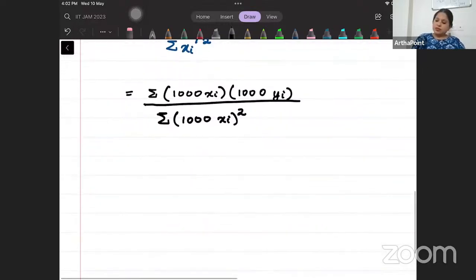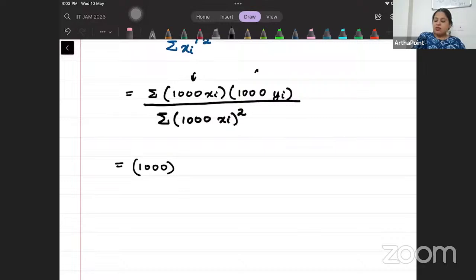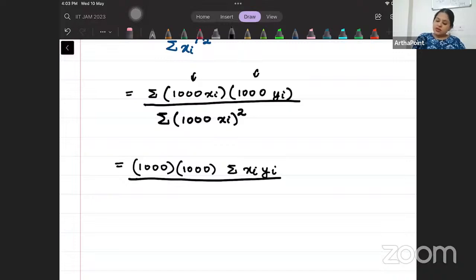Now, this is very simple: whenever you do summation of a constant into a variable, the constant can come out and it can simply be the summation of the variable. The constant in this case is 1000. So I can take out 1000 from this, 1000 from this, and this will be summation xi yi. Similarly, from the denominator, I can pick up 1000 square out, and this will be summation xi square.